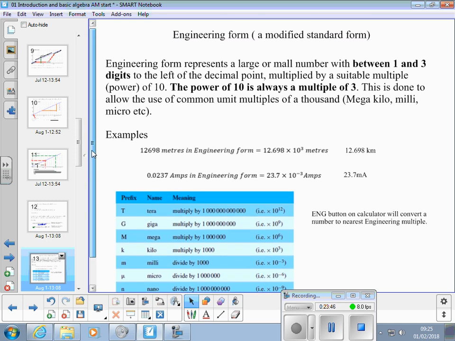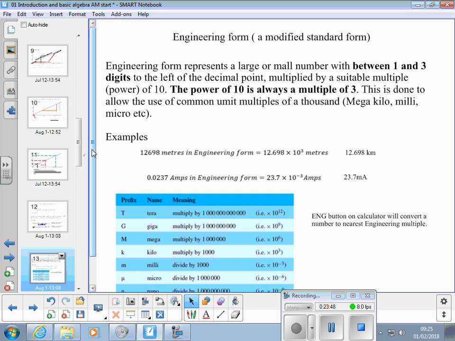Engineering form is the modified version, with between 1 and 3 digits to the left of the decimal point, multiplied by a power of 10 that is a multiple of 3. So 12698 meters in engineering form would be 12.698 times 10 to the 3 meters, or we can say 12.698 kilometers.